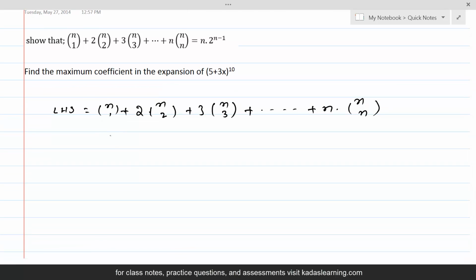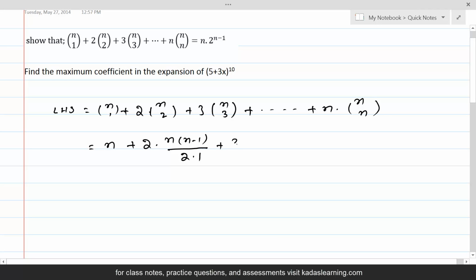Now if we expand the combinations, what we get is nC1 is equal to n, plus 2 times n into n minus 1 over 2 factorial, which means 2 times 1, plus 3 times n into n minus 1 into n minus 2 over 3 factorial, which means 3 times 2 times 1, plus n times n factorial.